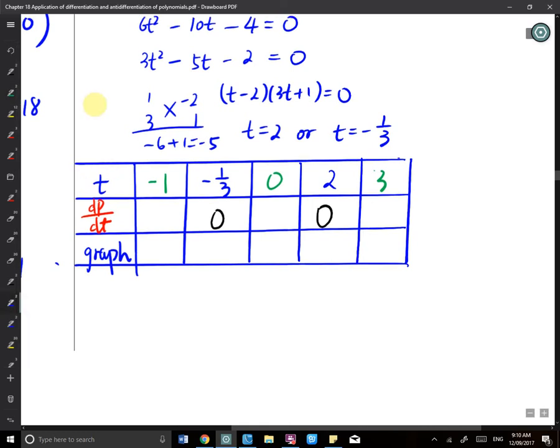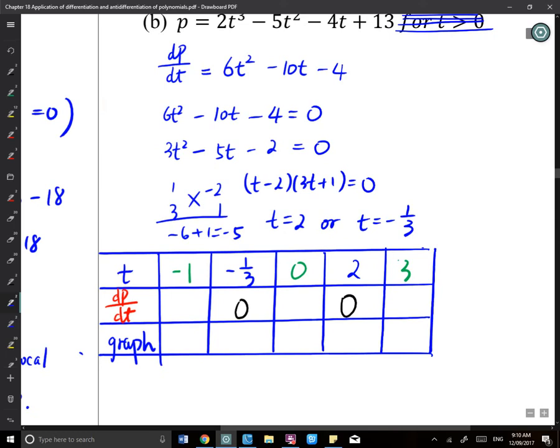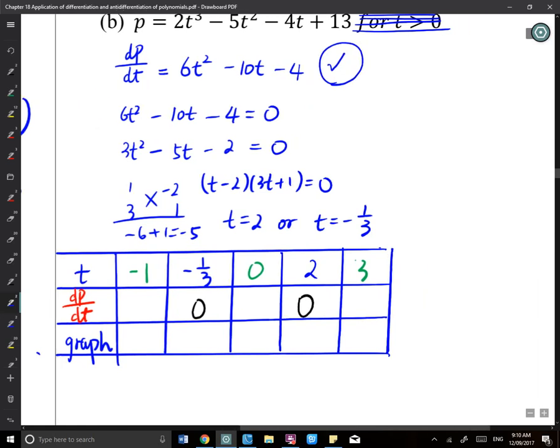So for negative 1, I need to put negative 1 into the derivative function. Where's the derivative function? Is that one. Okay, into the derivative function. So when it is negative 1, it's 6 plus 10 minus 4. So that's a 12. The derivative is 12.